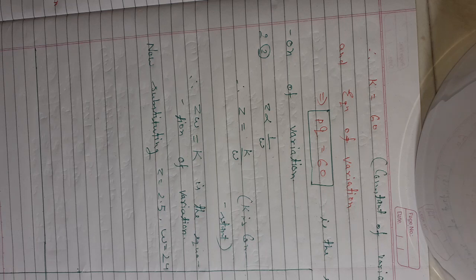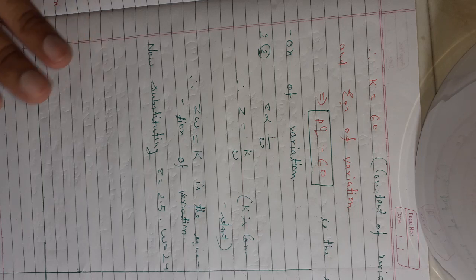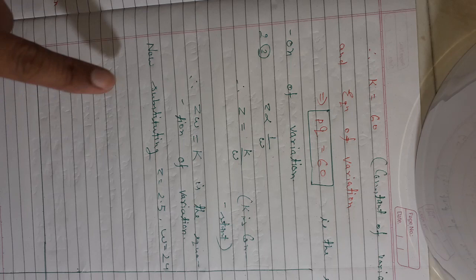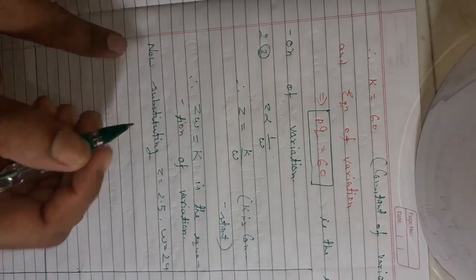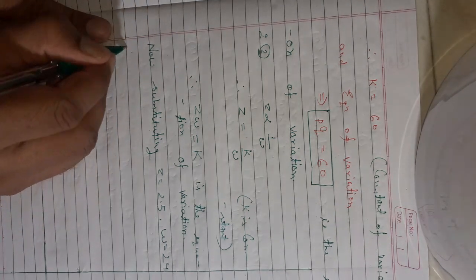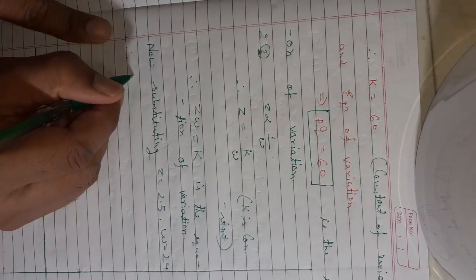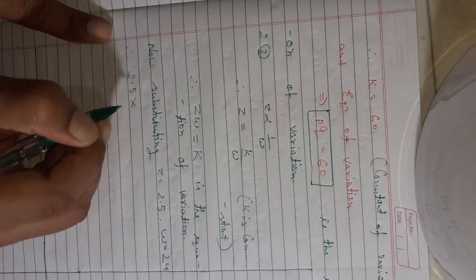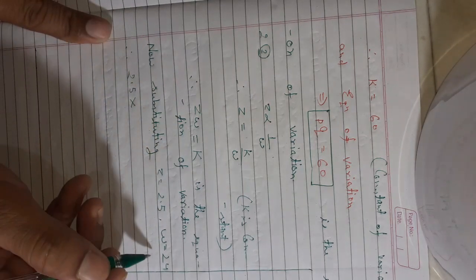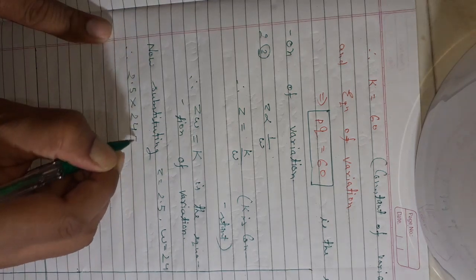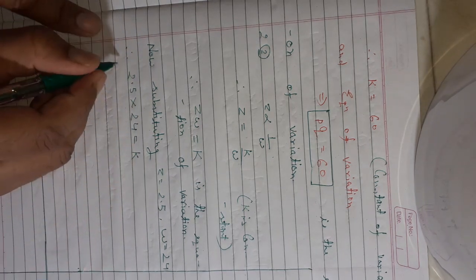Then after substituting these values, we will find the value of k. So what will happen? Therefore z, 2.5, into w, which is 24, is equal to k.